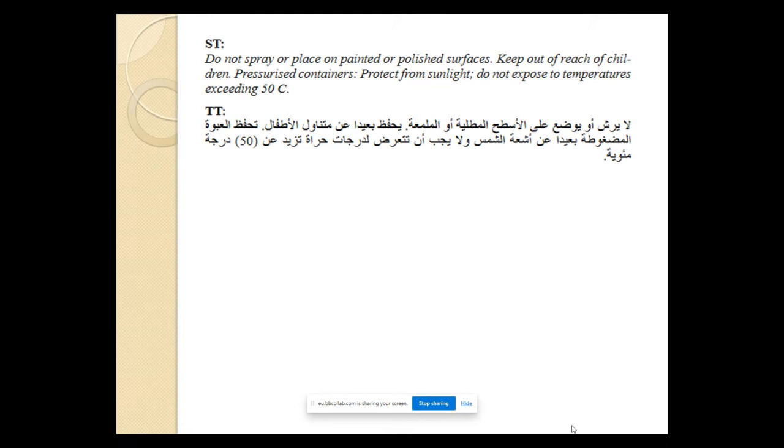Now, notice with me that while the source text is in the active voice, the target text is in the passive voice. لاحظي معي؟ يعني بدل ما يقول لا ترش هذا السائل أو البخاخ ولا تضعه على الأسطح المطلية، right؟ أو احفظه بعيدا عن متناول الأطفال، right? So it is given in the passive voice.